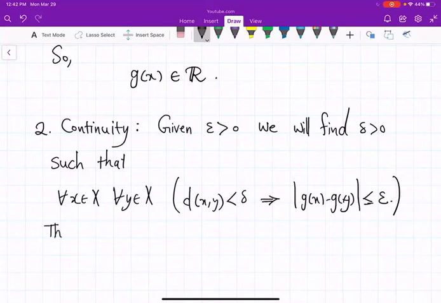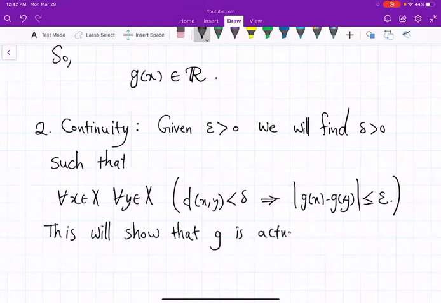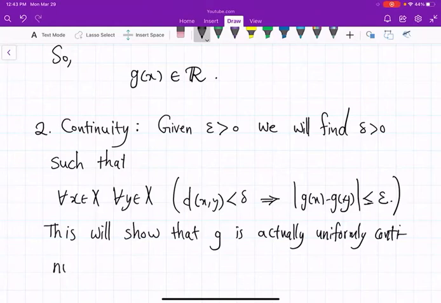This will show, if we succeed in doing this, that G is actually uniformly continuous. That means the delta we find is independent of the x and y.